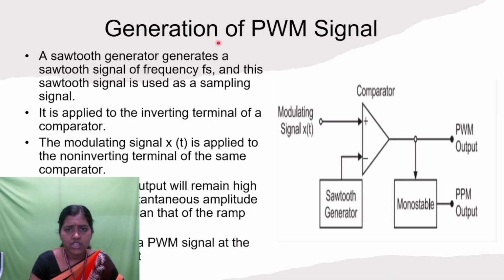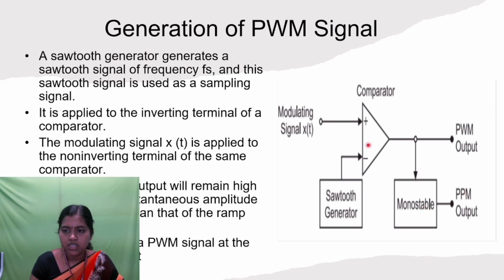Coming to the generation of the pulse width modulation signal, here we should have one comparator, then a sawtooth generator, then a monostable multivibrator, that is to get pulse position modulation. These are the steps used for generation in pulse position modulation also.